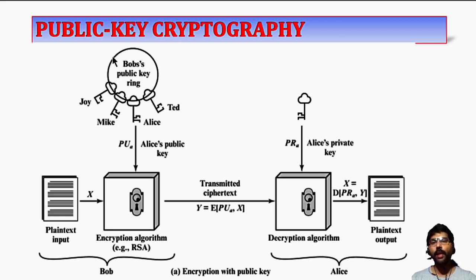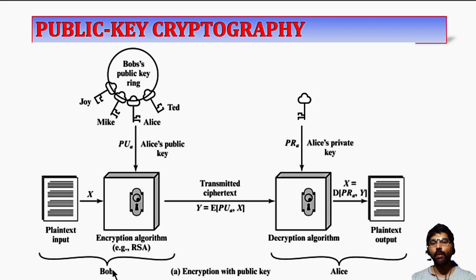Each user may collect a number of public keys from other users. A bundle of public keys can be collected, and he can use them for encryption as well as decryption whenever he wants to communicate with other persons. For example, here the left hand part is Bob and the right hand part is Alice.